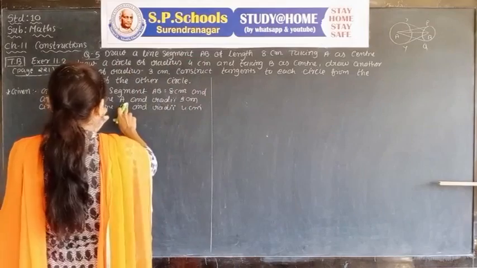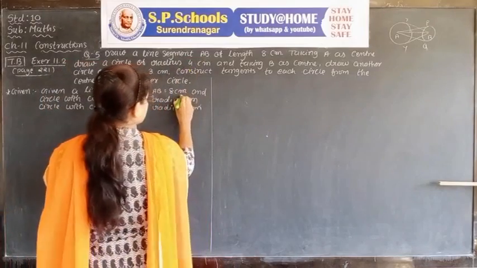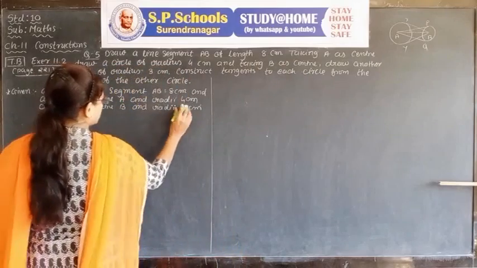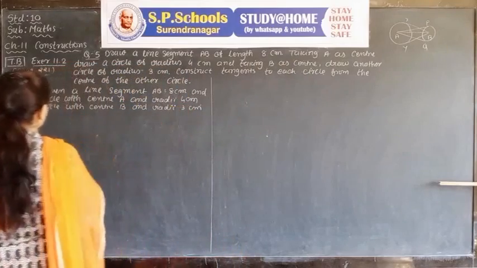Circle with center A is 4 cm and circle with center B, another circle of radius 3 cm, is given.